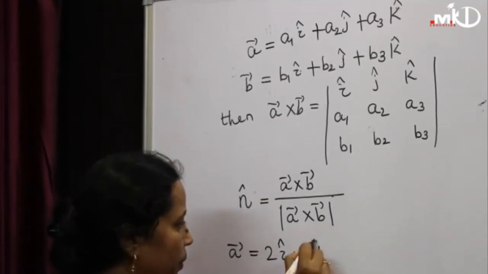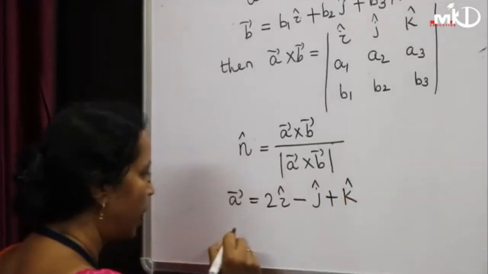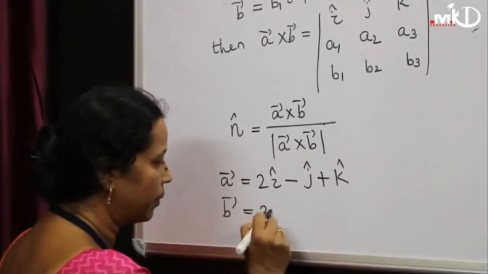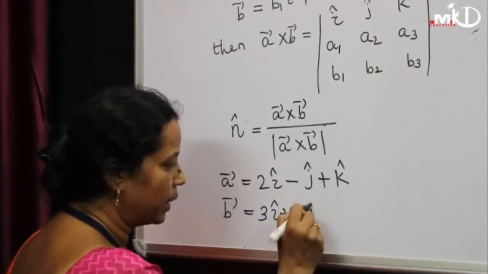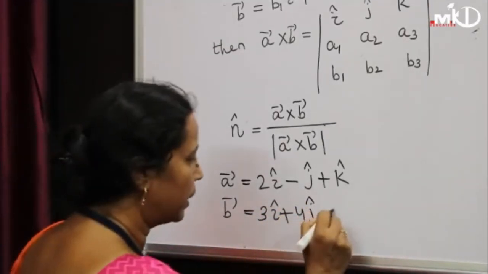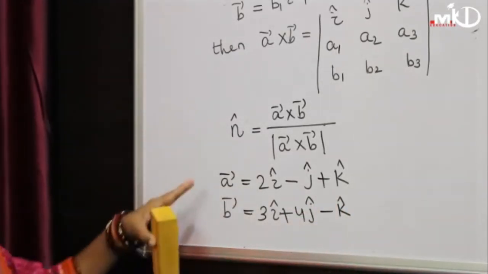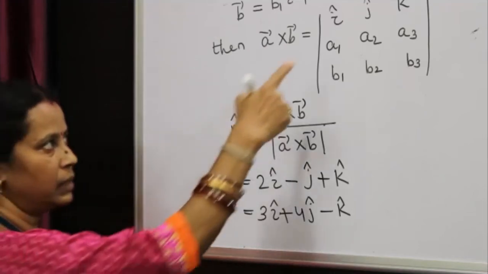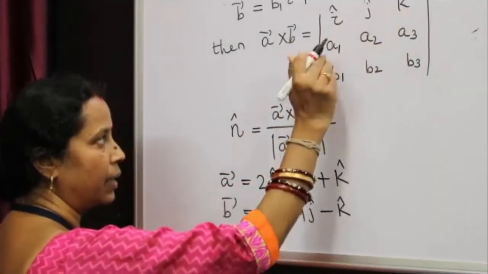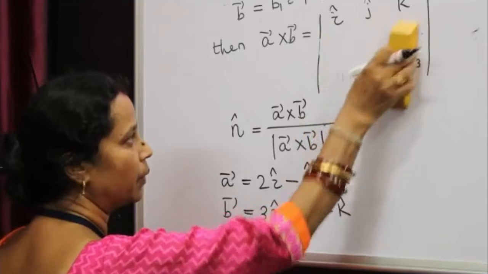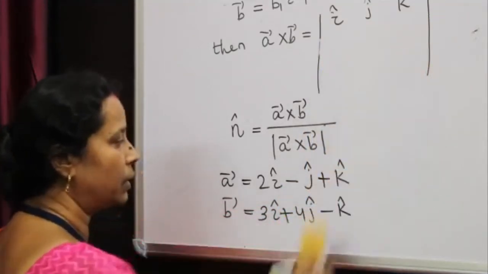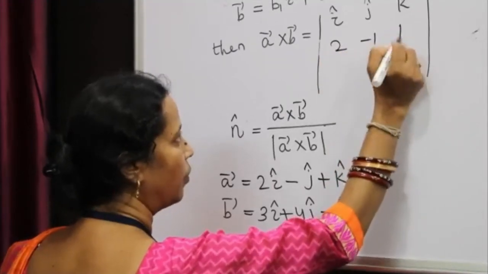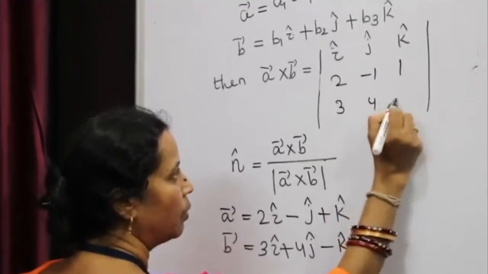Okay. So now we take A bar equal to 2i cap minus j cap plus k cap, and vector B equal to 3i cap plus 4j cap minus k cap. So what is A bar cross B bar? It is the determinant of i cap, j cap, k cap, and in place of A1, A2, A3 and B1, B2, B3 we put the values 2, minus 1, 1, 3, 4, minus 1.